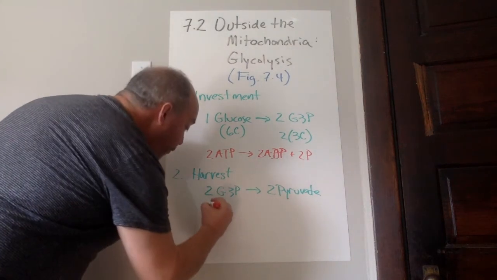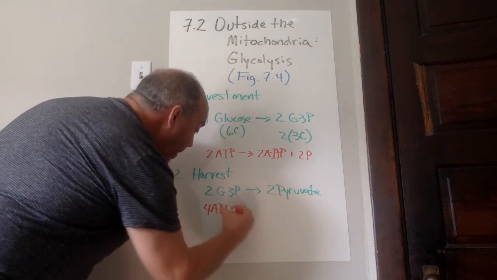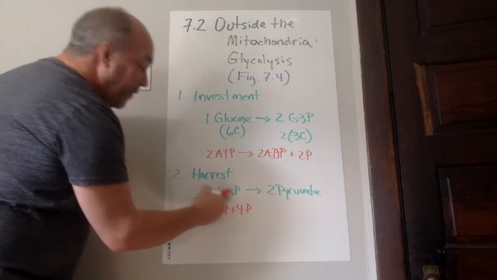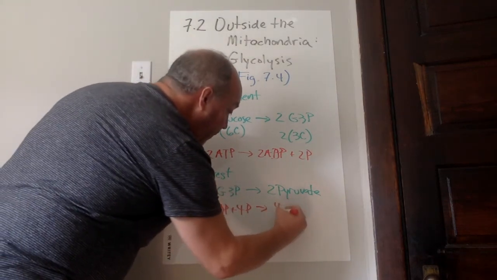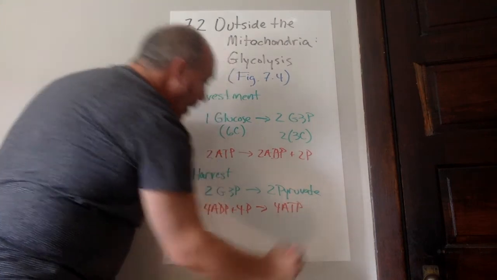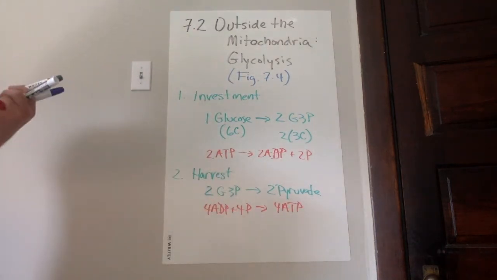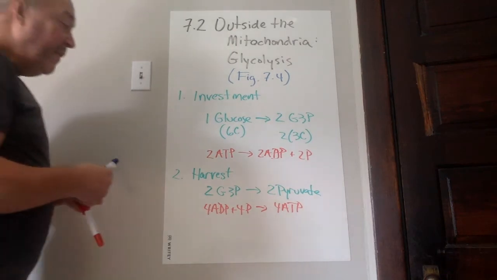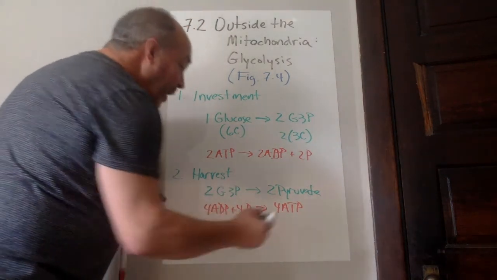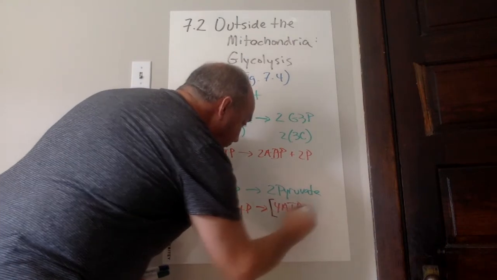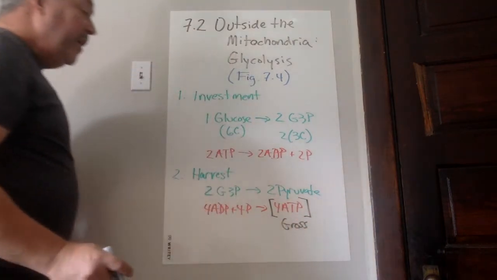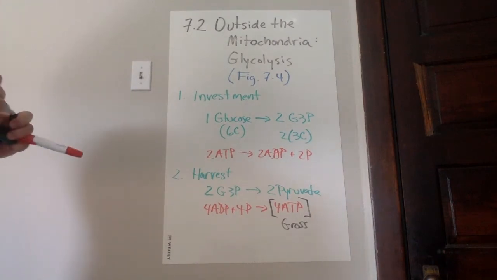We take 4 ADP molecules and 4 phosphates, remember that we're each hanging off of these molecules, and we create 4 ATP. Now, an important distinction. If I ask you how many gross ATP are created by glycolysis, that would be 4 gross.